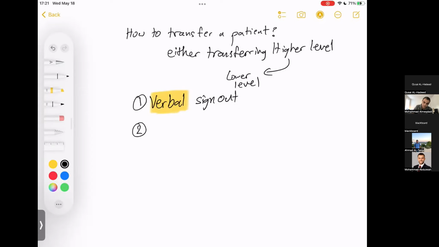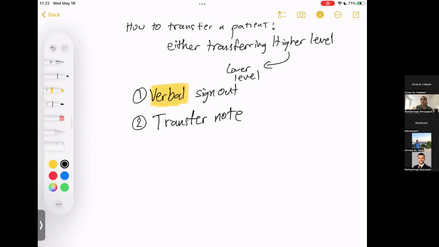And number two, there has to be a transfer note inserted into the system. The transfer note will make sure that the receiving team has some written instructions or written confirmation about what's happening to the patient.